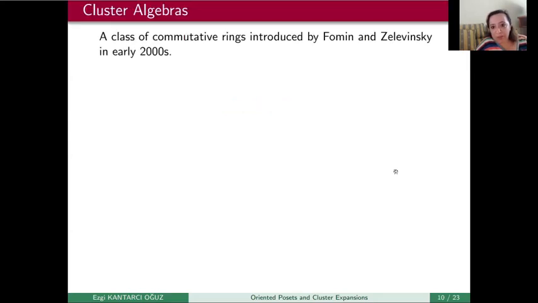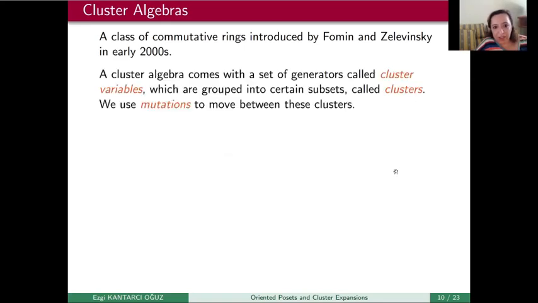So cluster algebras were introduced in the early 2000s. Well, it's been 25 years, so maybe not that recently, 20 years ago or so. And they became very popular. How they work is, they come with generators called cluster variables, and they are grouped into subsets called clusters.